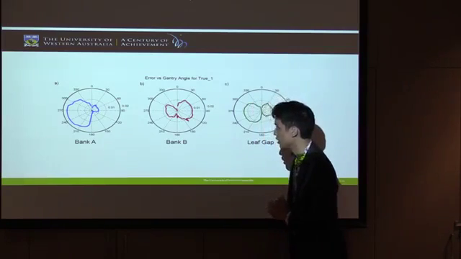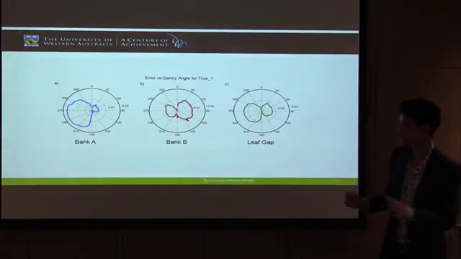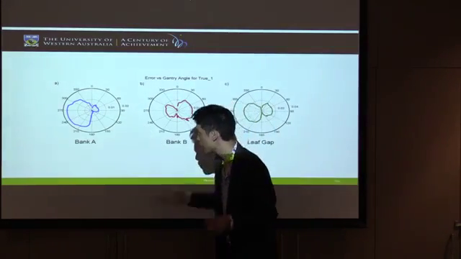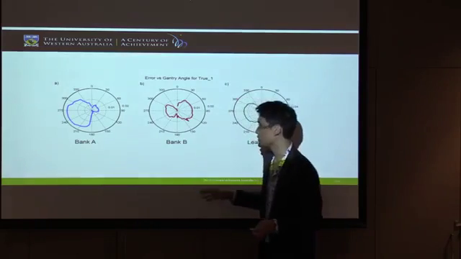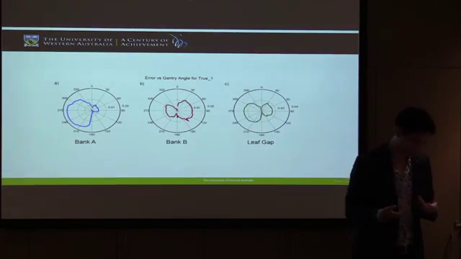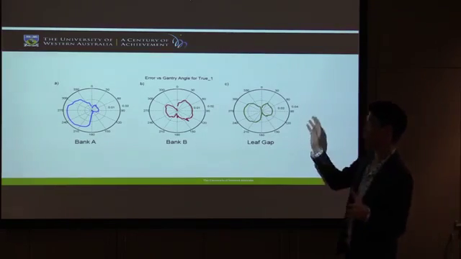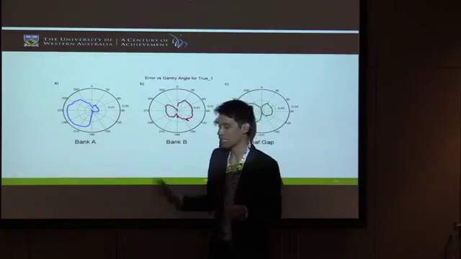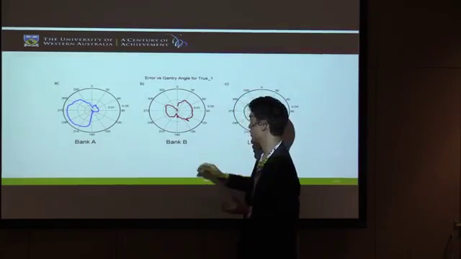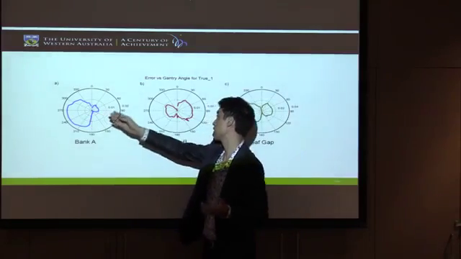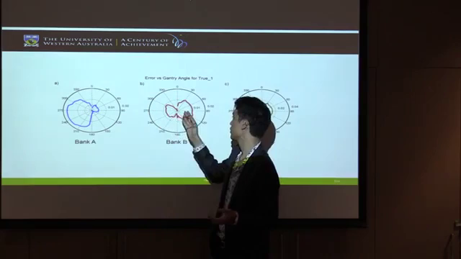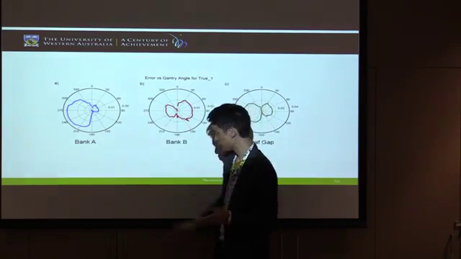I think that's very interesting, because in bank A you've got this greater error near gantry angle 270 compared to 90, whereas in bank B you've got the greater error at gantry angles 270 and 90 degrees. So you would expect, I guess, bank B and bank A to be mirror images of each other. If, say, there was greater error at 270, you would expect less error at 90, just mirror flipped.